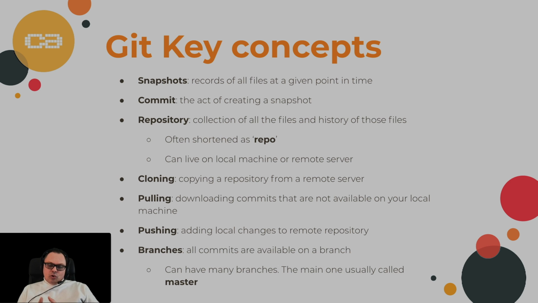But if you work on a specific feature and you want to develop something for your project, you often create a separate branch that diverges from the main branch, and you do your work on that branch locally on your computer or together with a colleague within the team.